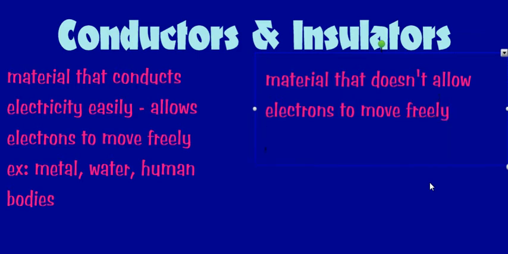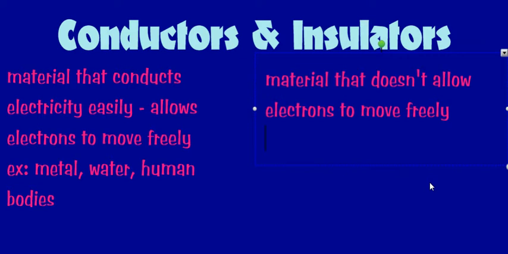In other words, it puts up a great resistance to those electrons moving. Think of it like if you're out running on pavement would be like a conductor, or if you're trying to run across a very full ball pit, like a Chuck E. Cheese. Running through all of those balls is really difficult. There's a lot of resistance to you running through them.